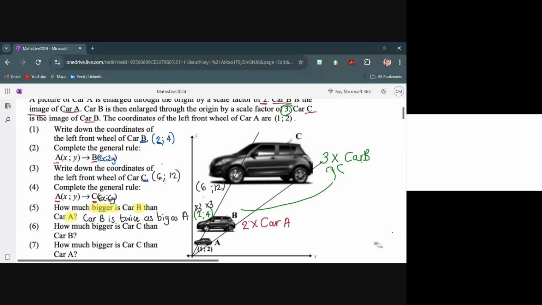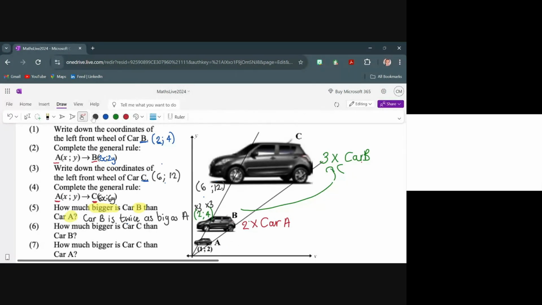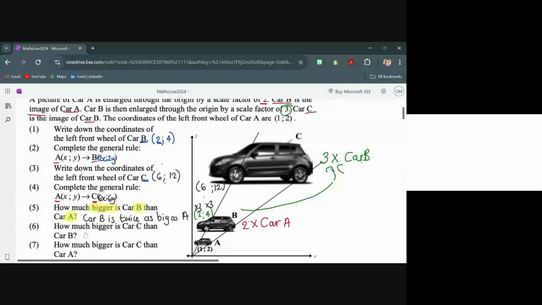That's it. It's 3 times. 3 times as big. Okay, so we can say C is 3 times as big as car B.